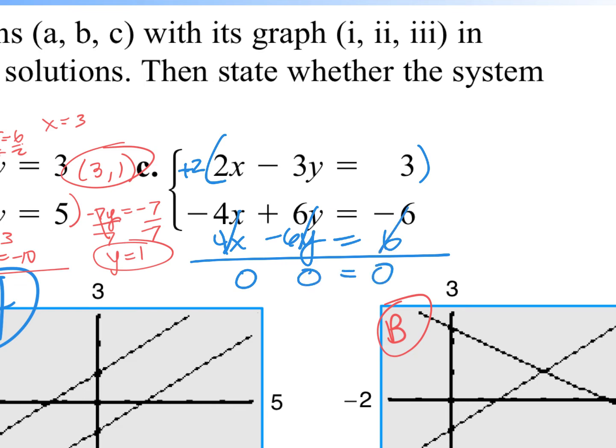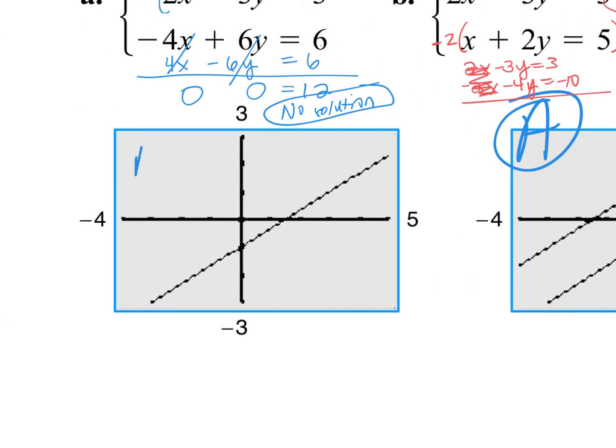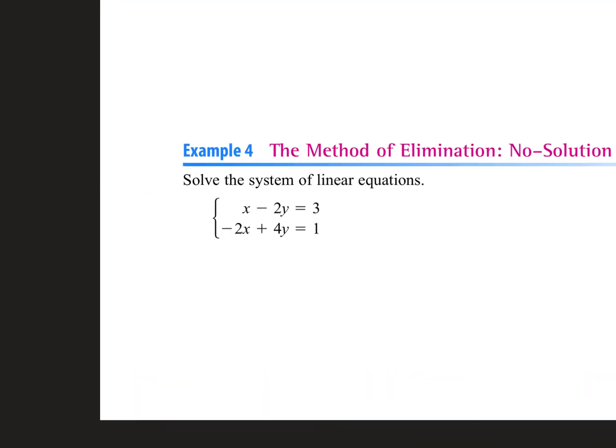I'm left with 0 equals 0. When you are left with a statement that says a number equals the same number, this is called infinitely many solutions. The lines are coincident. They lay on top of each other. So your graph looks like this first one, where the two lines are right on top of each other, so it appears as if there's only one line.